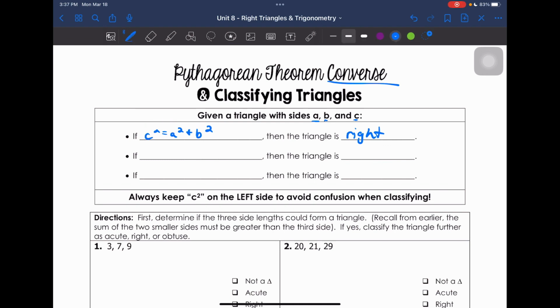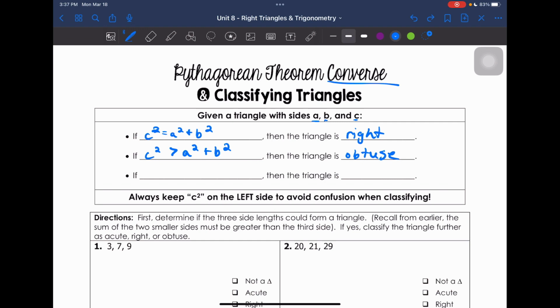If, on the other hand, C squared is greater than A squared plus B squared, then the triangle isn't a right triangle, it's actually an obtuse triangle. This means that when you plug them all into that formula, the number on the left is bigger than the number that you end up with over here.